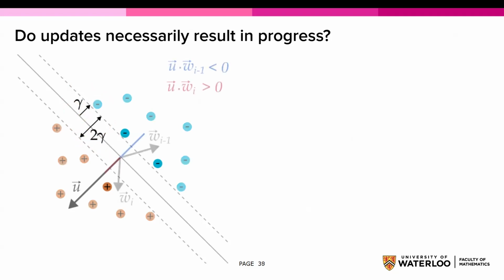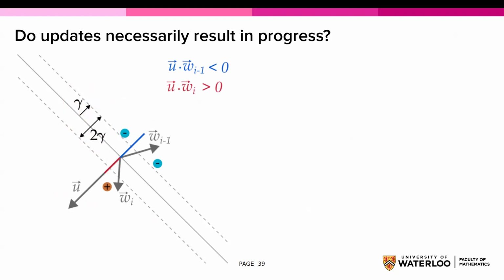One way to think about this is that our solution gets more and more similar to the oracle vector as we go. That is, it increases its alignment with the oracle with successive updates.